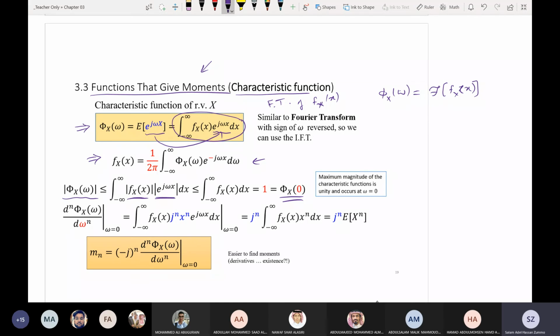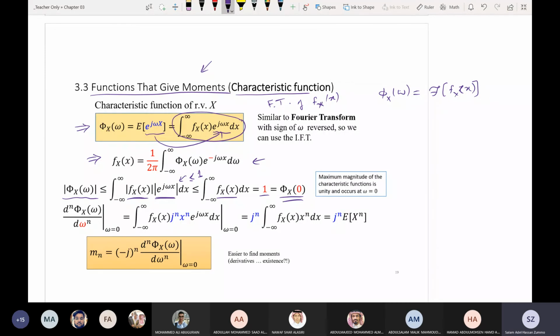And we know that this is less than or equal to 1. The absolute value of any complex exponential is always upper bounded by 1. Hence, this is less than or equal to the integral of the PDF, and the integration of the PDF equals 1.